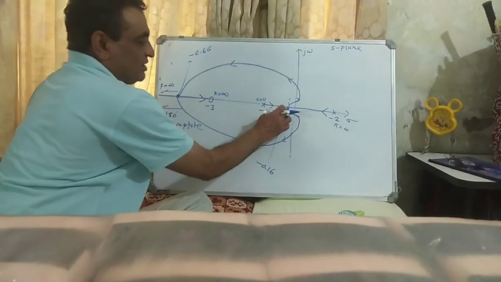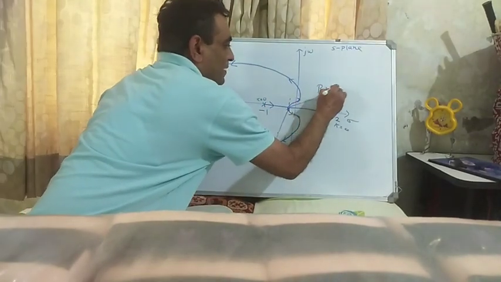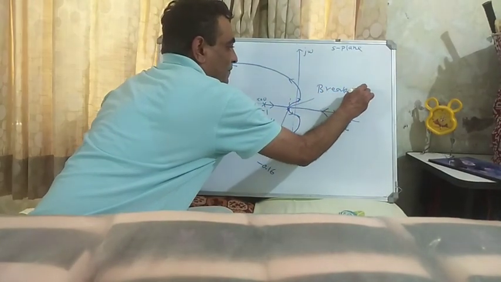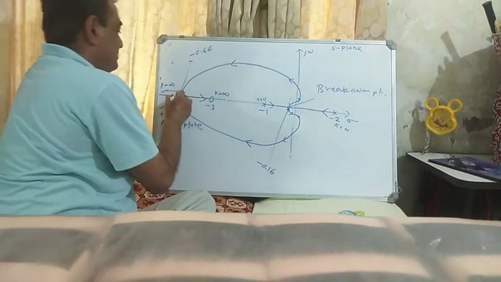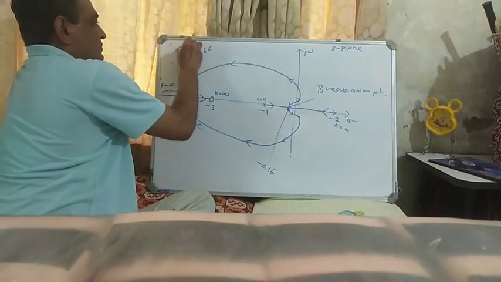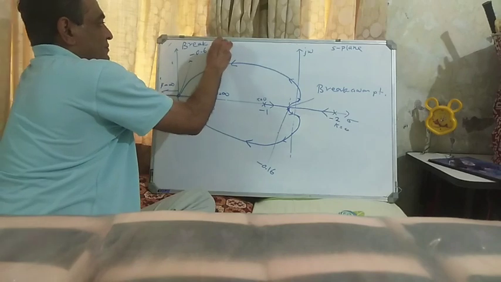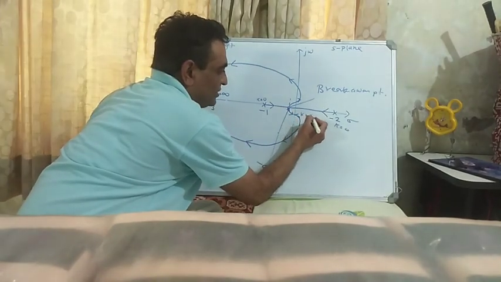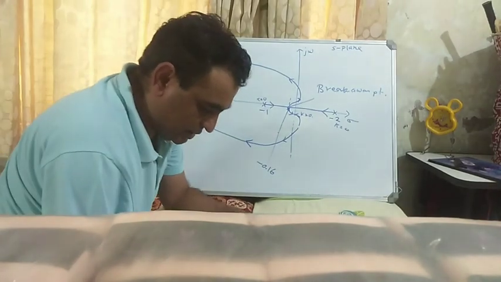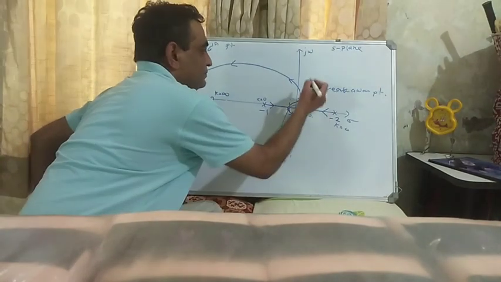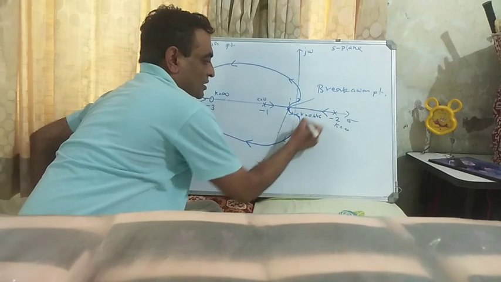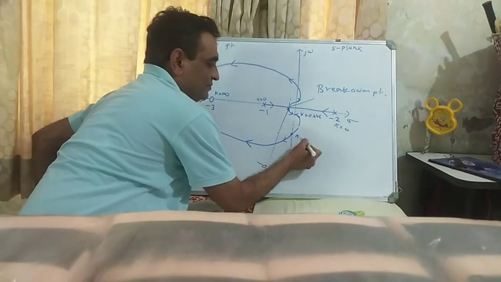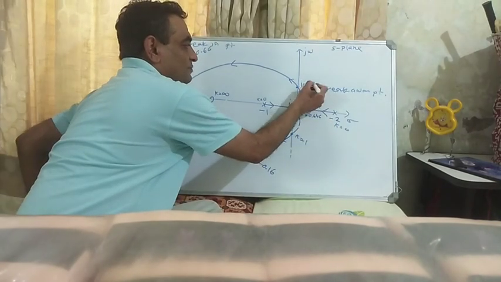So this is the breakaway point. This is the break-in point. And this is at k is equal to 0.646. This was k is equal to 1. This is k is equal to 1.